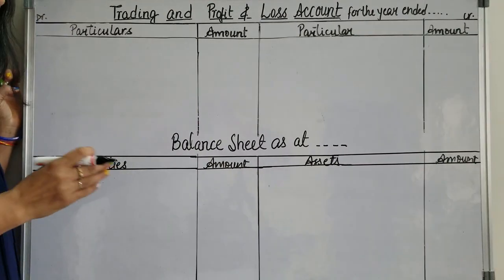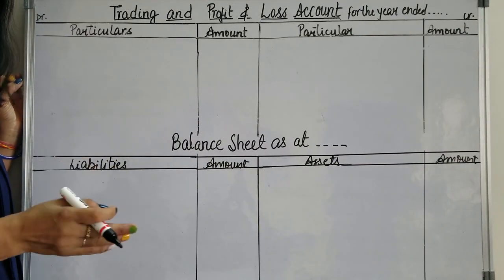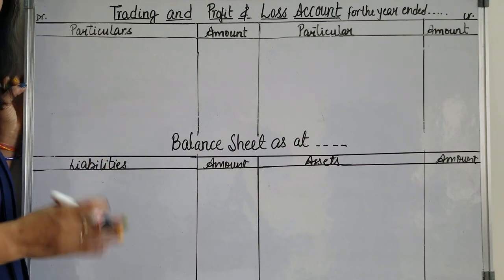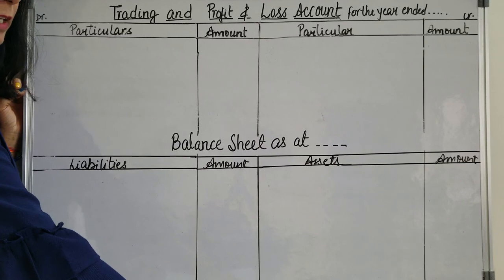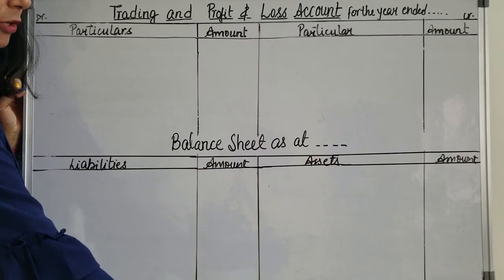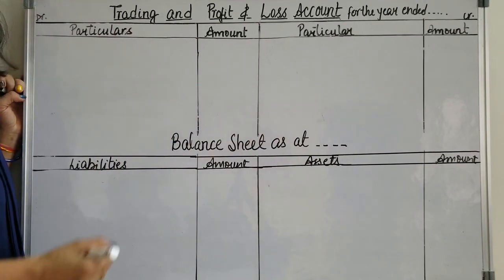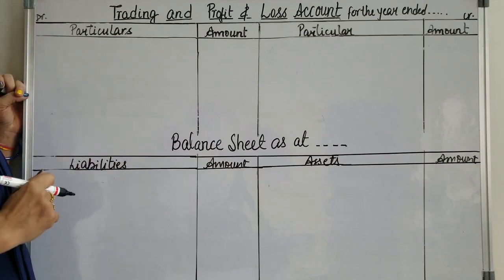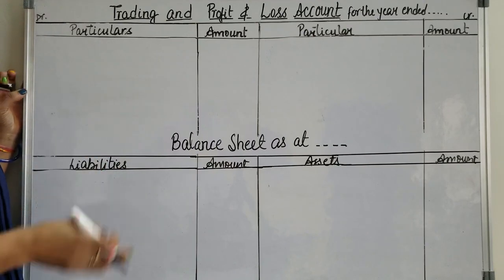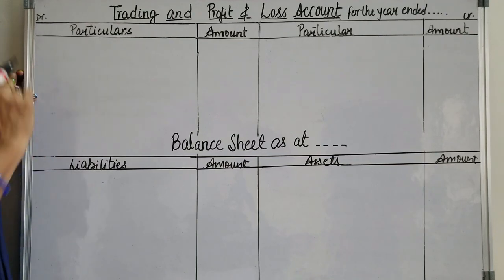Now suppose plant and machinery is given in the trial balance at rupees 90,000, and then in adjustments it is given that provide depreciation on plant and machinery at 5%. As depreciation is a miscellaneous indirect expense, it will be recorded on the debit side of profit and loss account.